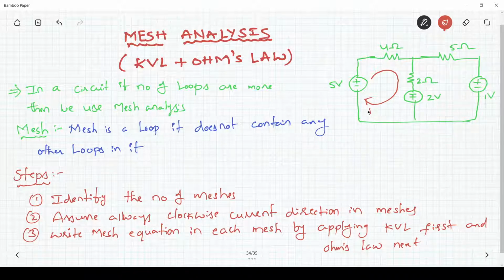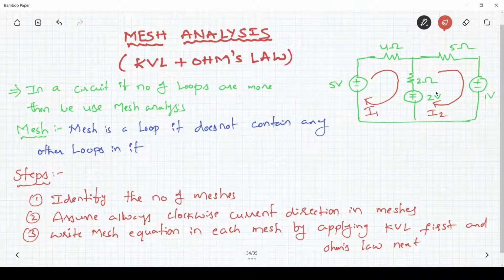Let this current be I1. In the second mesh also, you have to mention clockwise current direction. In the second loop, assume the current is I2.